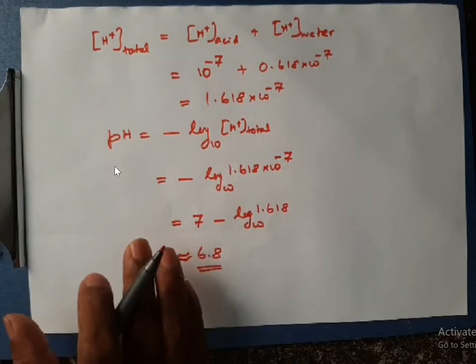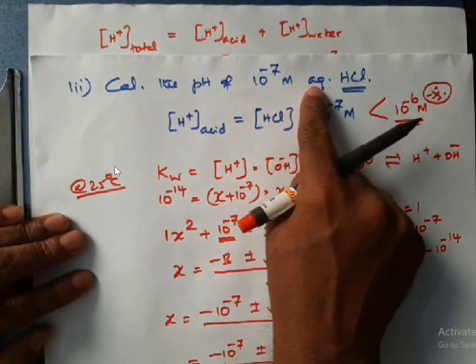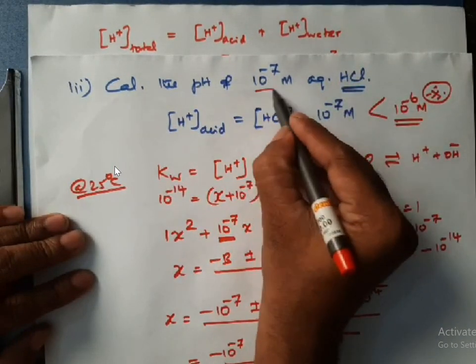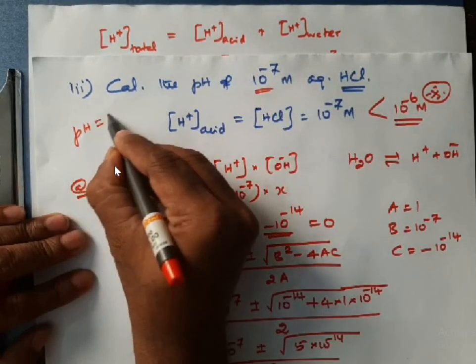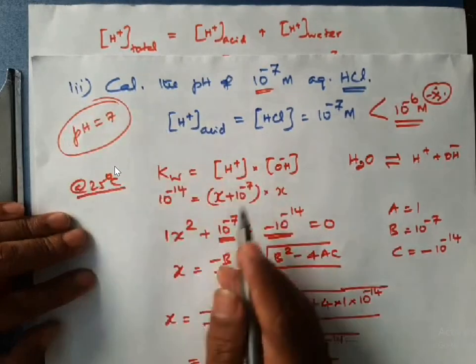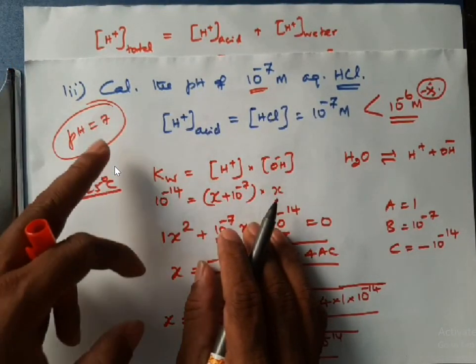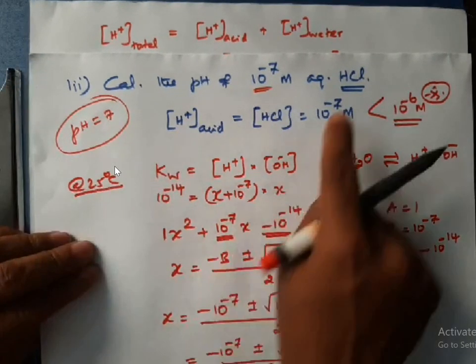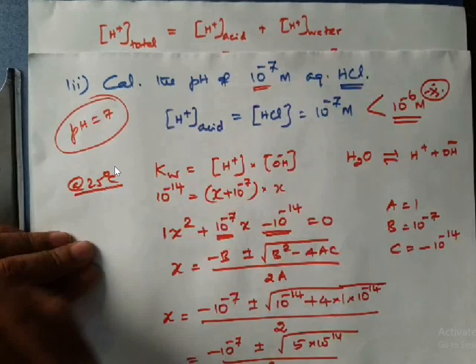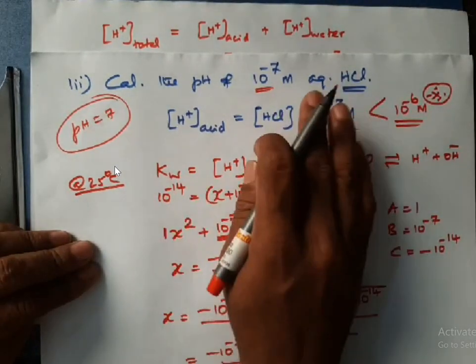Often what people will do is, just by seeing the value, calculate the pH of 10 power minus 7 molar HCl. They will put this value directly in the formula and say that pH equals 7. pH equal to 7 means, at 25 degrees Celsius, a neutral solution. But the solution given is hydrochloric acid. Whatever dilution you do, an acidic solution remains acidic.